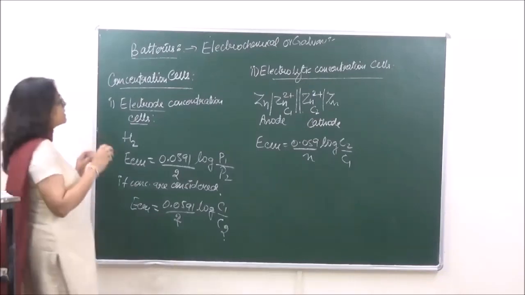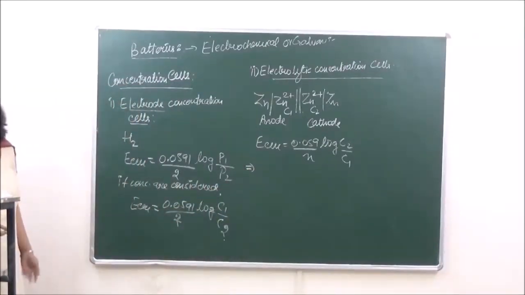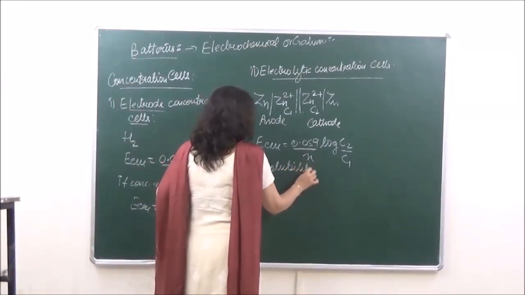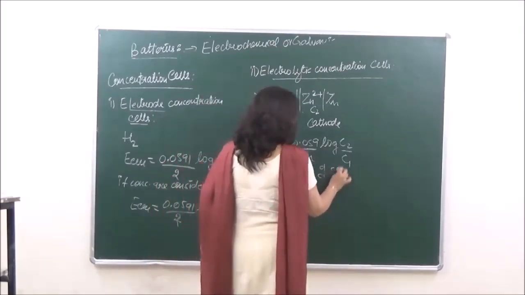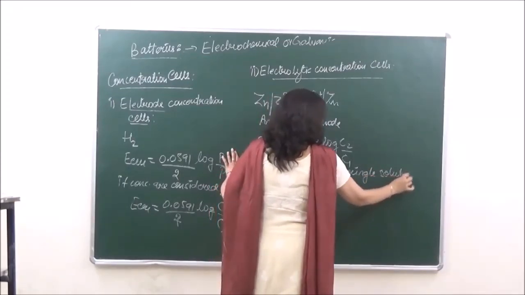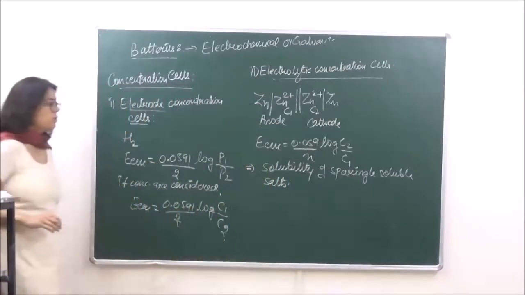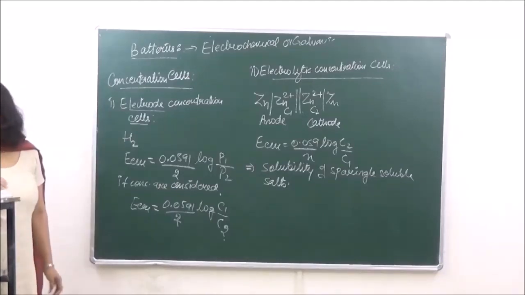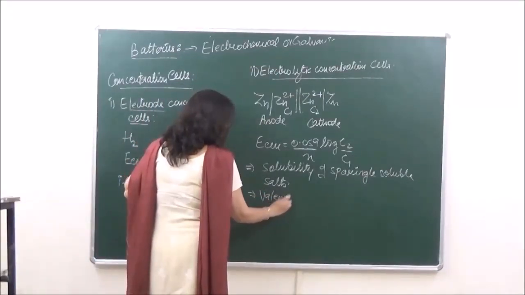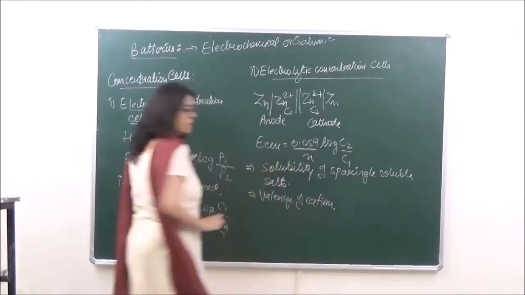Right? So what are the applications of concentration cells? They are used to calculate the solubility of sparingly soluble salts. Number two, they are also used in calculating the valency of cation.